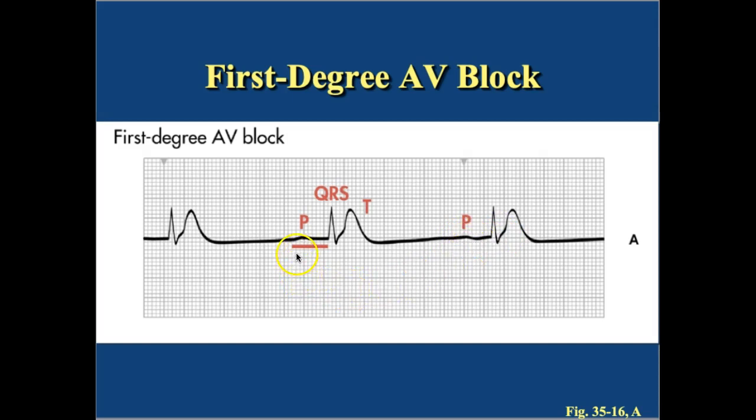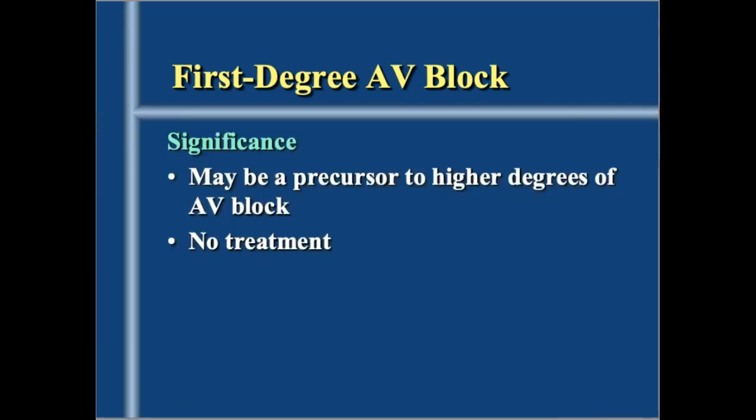So it's a first degree block because the PR interval is prolonged, and because, even though it's prolonged, we have a QRS following every P wave. We don't treat first degree AV block as long as, usually it's asymptomatic, you've got good cardiac output. It can be a precursor to higher degrees of AV block, and we're going to talk about those next.